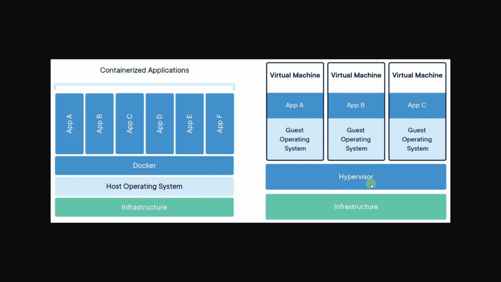That's it. But in the case of a virtual machine, we have the host operating system, then the hypervisor, and on the hypervisor we run the whole OS, the virtual machine. That's not feasible. So that's the main difference between Docker and normal virtual machines.